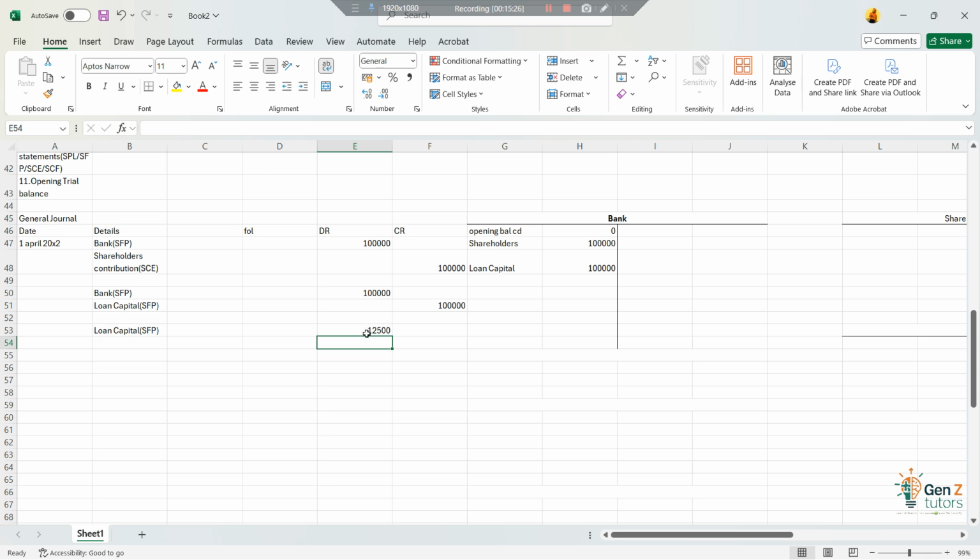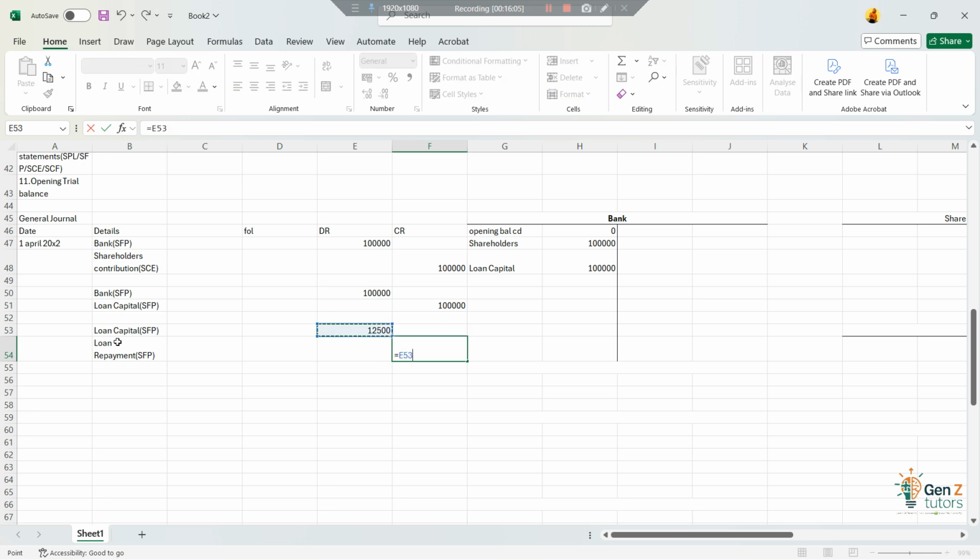So at the beginning after getting the loan, we want to move a portion of the loan capital. For how much? We're going to be paying 12,500 every year for the 8 years to pay out the loan, right?